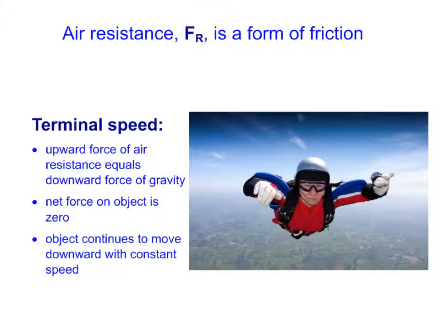When the upward force of the air resistance equals the downward force of gravity, we have what we call terminal speed, or sometimes it's called terminal velocity. At this point, the net force on our object is 0, and the object continues to move downward with a constant speed. It does not continue to accelerate. So that is what terminal speed or terminal velocity is.